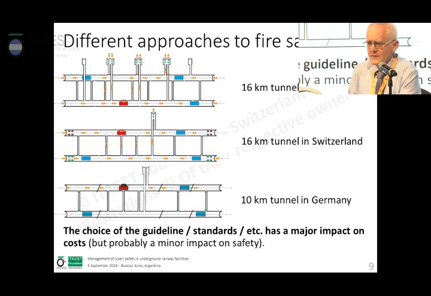The top one would follow requirements from NFPA 130, this American fire safety standard, and the lowest one would follow German standards or requirements. And you see, by choosing the guideline or standard, you have a major impact on costs, and all the project owners say we have the safest system or the most appropriate system to cover safety.